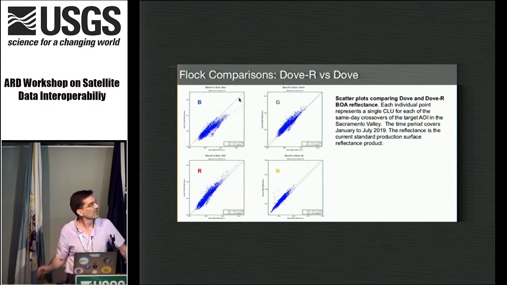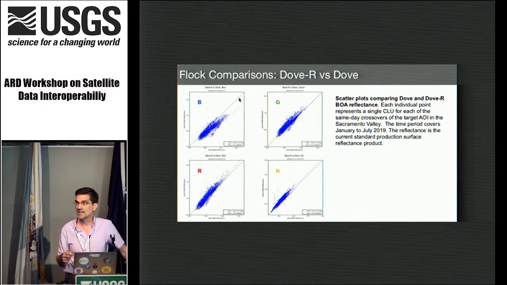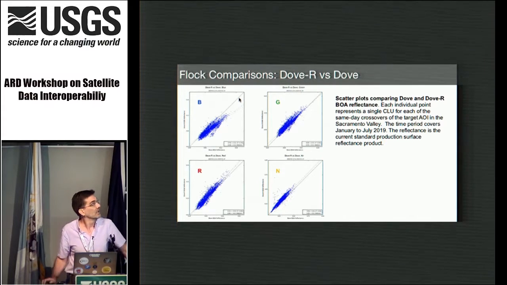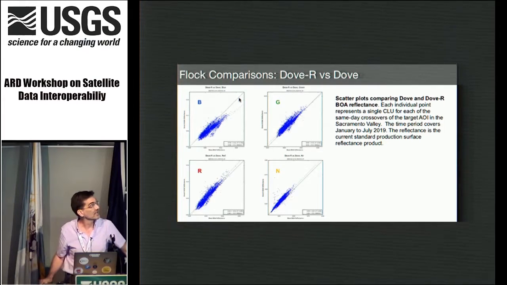This shows a comparison between DeVars and Dove over this AOI, and each data point represents one CLU at one particular crossover event between these two satellites. You can see how they compare in each band, with the Dove on the x-axis and the Dove on the y.